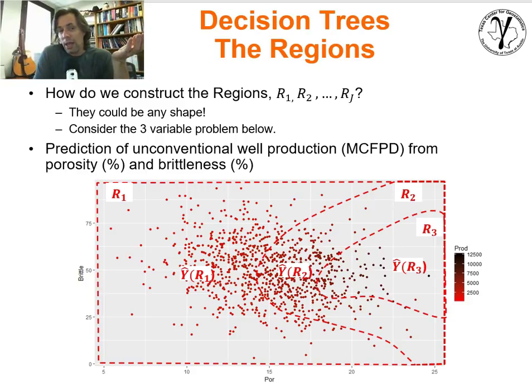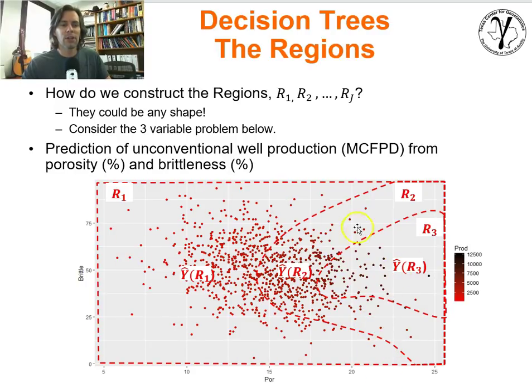They could be any shape. In fact, look at this example right here. I have porosity, I have brittleness, and all of the colors here are production. So now I have M equals 2. I have 2 features I'm now working with. If you look at the colors, they're very dark here, high production, lighter here, and then kind of more red right here.